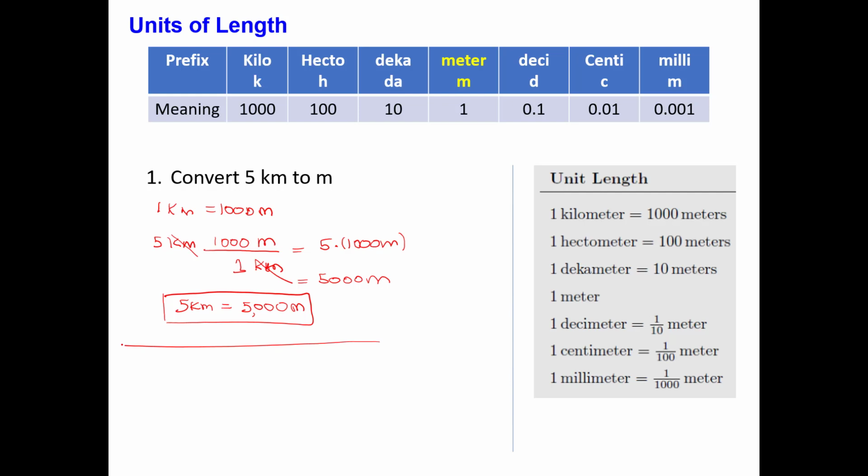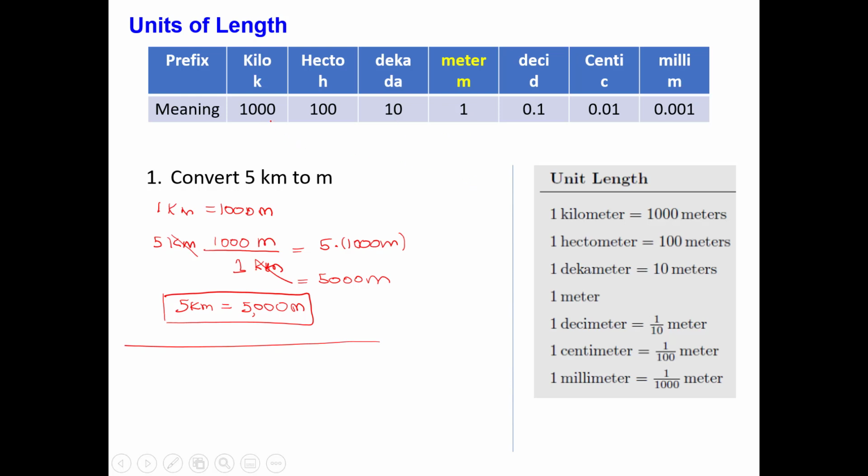Then what we want is to see where kilometers is in the table. Then kilometer is here. Yes? And we need to convert this one into meters. Then we will see how many places we need to move to get this number into meters. Then 1, 2, 3.